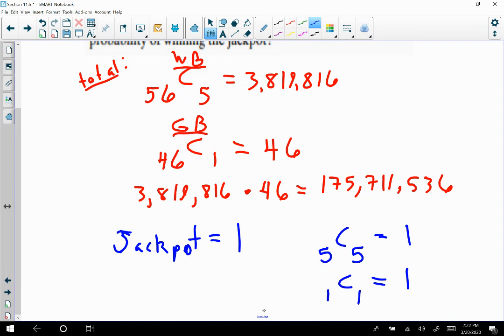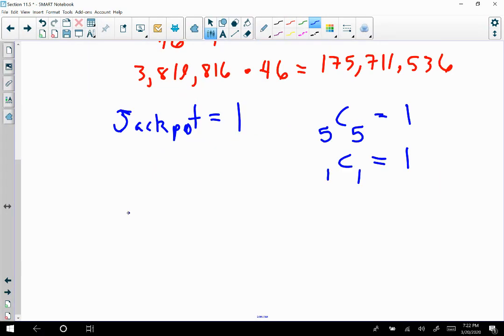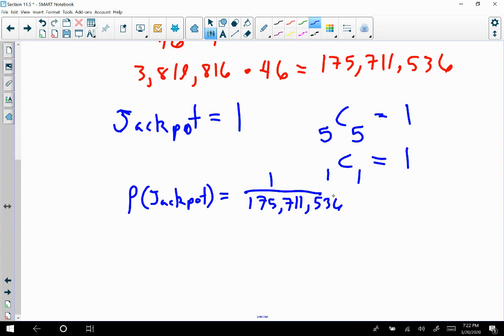So, in the end, if I want the probability of a jackpot, the answer is 1 over 175,711,536.